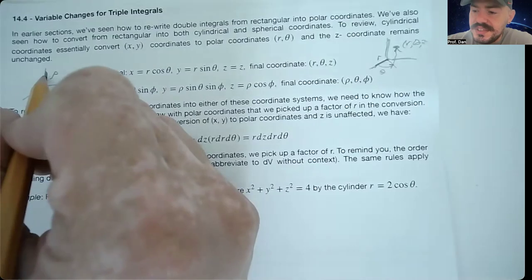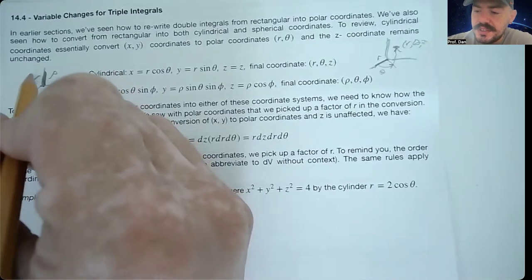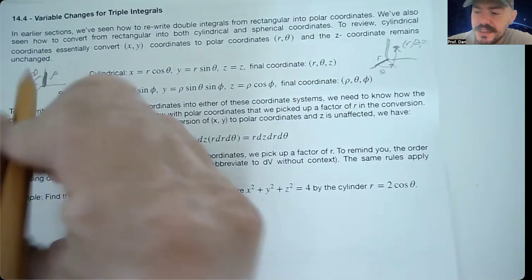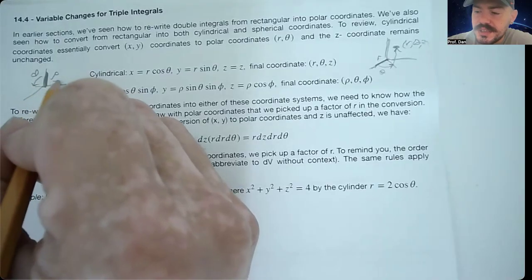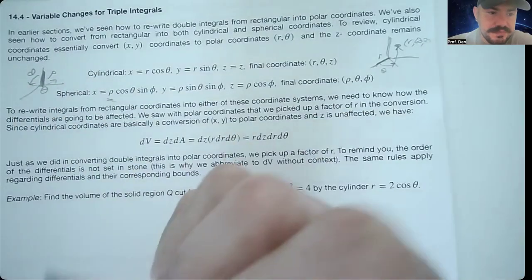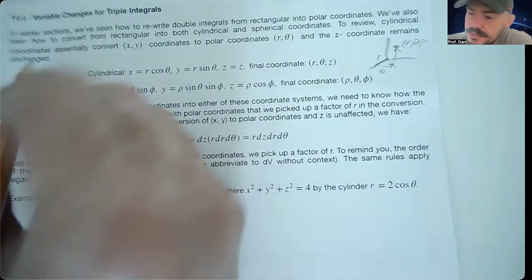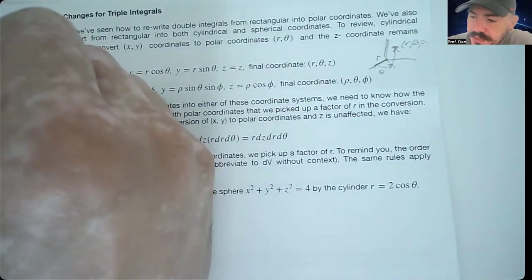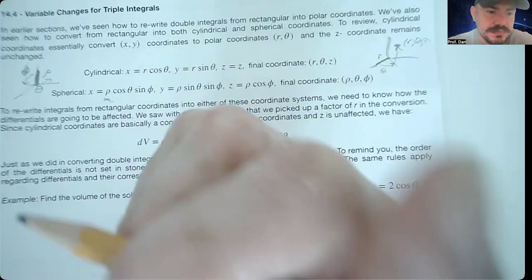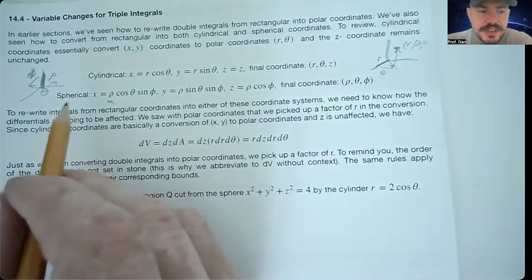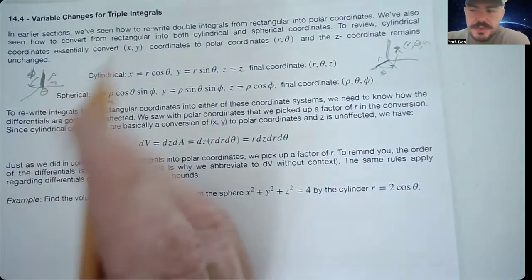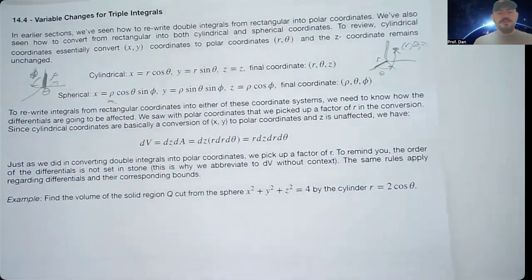Then you tilt downward some amount, that's your angle phi. And then you go around some amount, that's your angle theta. Let me make my phi look more like a phi. There we go. Anyway, that's what the plotting looks like for these different coordinate systems.